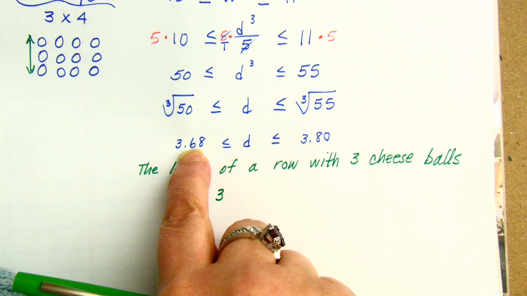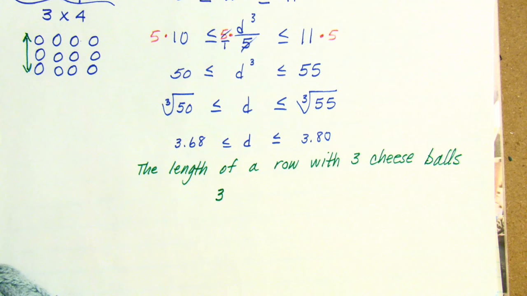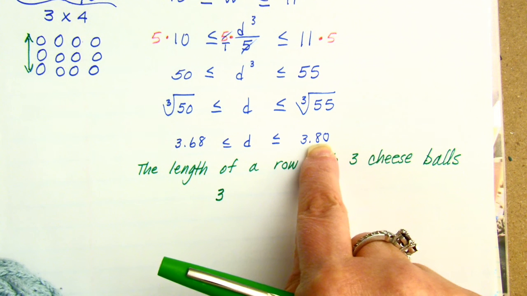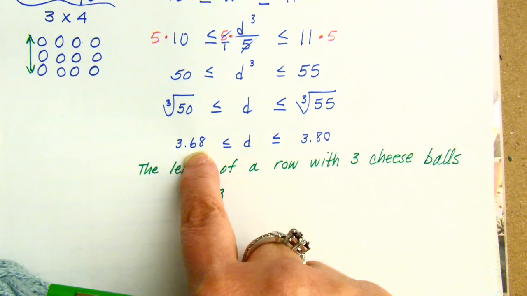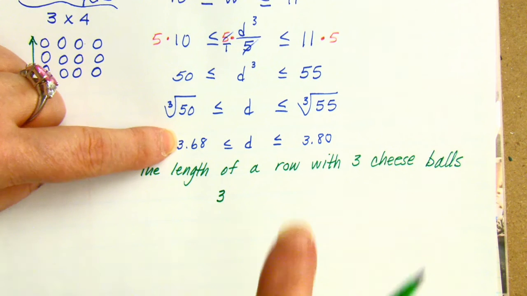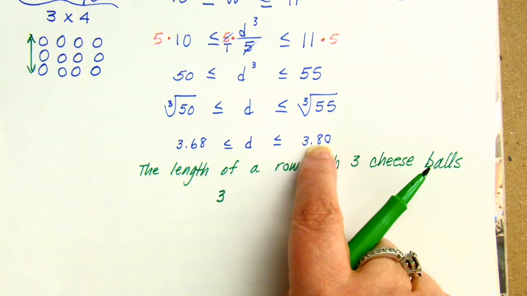I need a box, or a carton, that's going to be big enough to fit the largest. So I have to use this. Because if it's smaller, it will still fit in the box. But if it's larger, and the cheese ball ends up having a diameter of this, I'm in trouble.